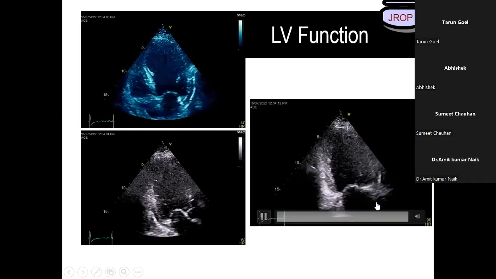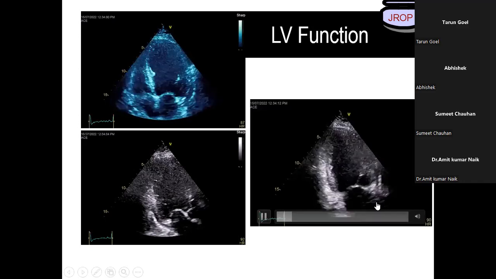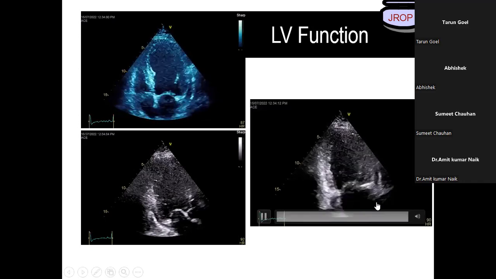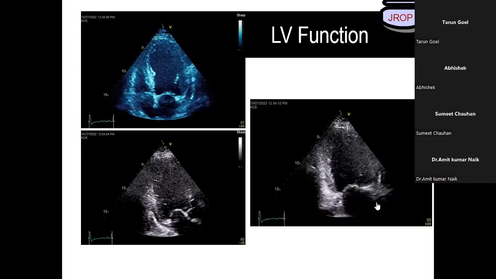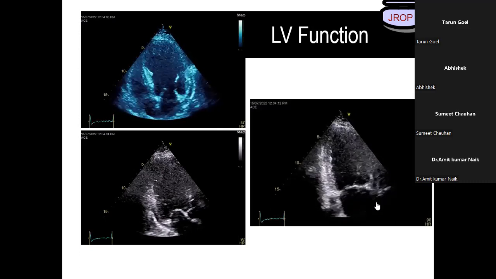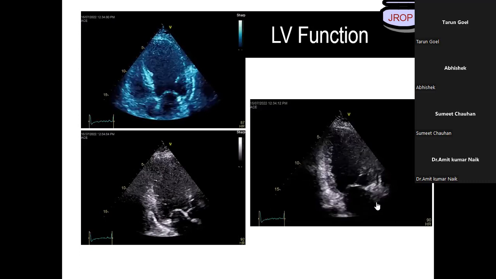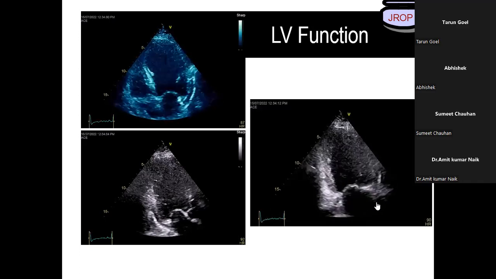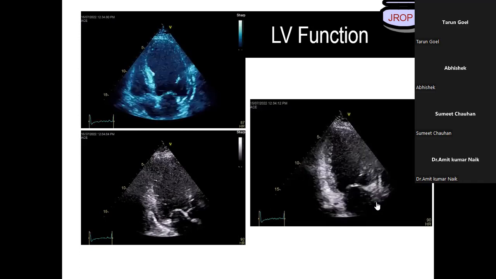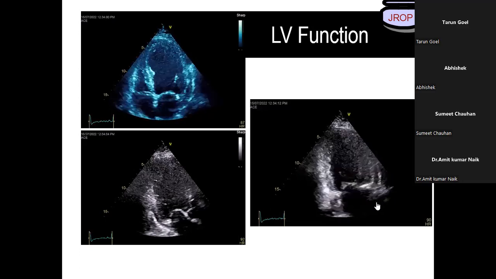Finish it up quickly, Sumit. Yes, sir. The inferior wall is hypokinetic, sir. Whatever two chamber you saw, which category does it belong to? Which territory of coronary disease does it belong to? Sir, LAD territory mostly. Why is the inferior wall involved?